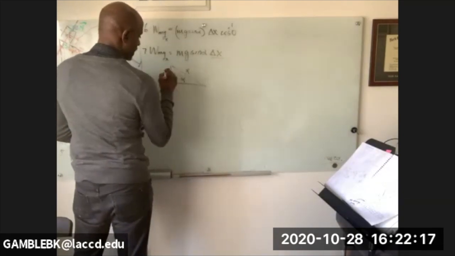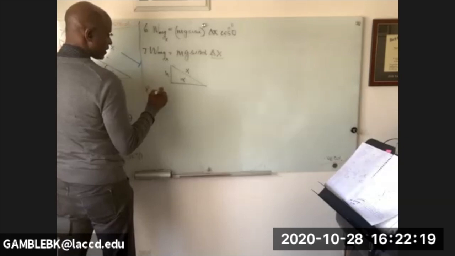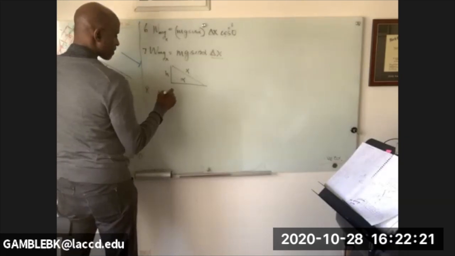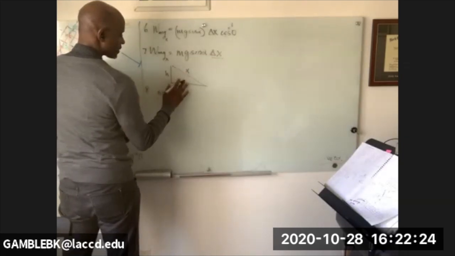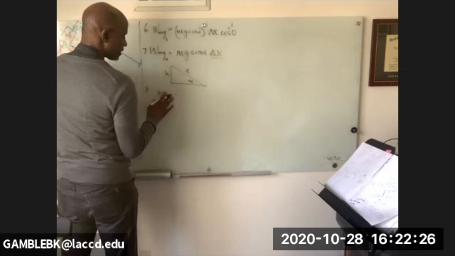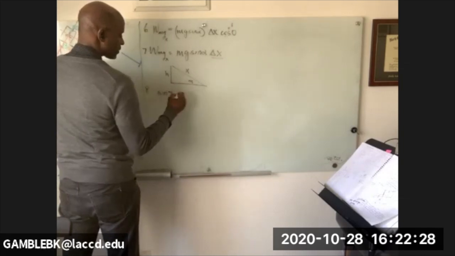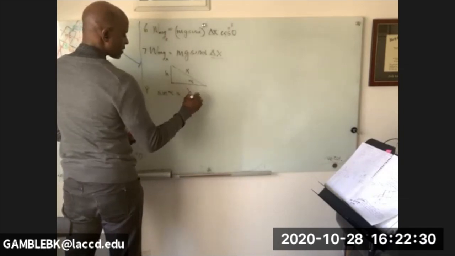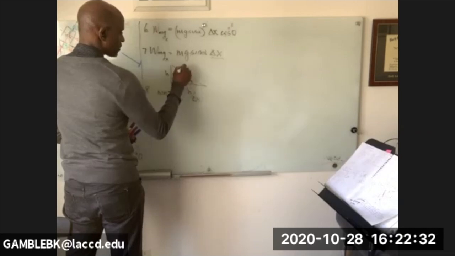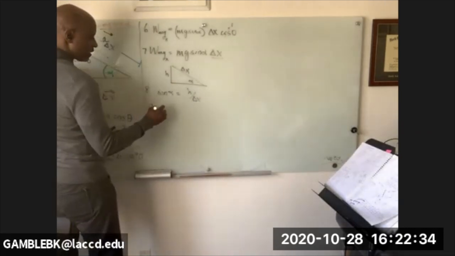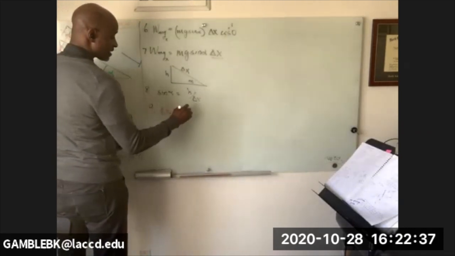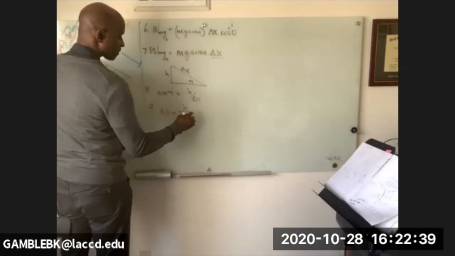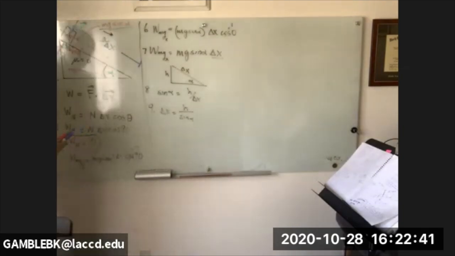This is x, and that's h. So sine alpha, excuse me, is equal to opposite over hypotenuse, so h over delta x. So delta x equals h divided by sine alpha.